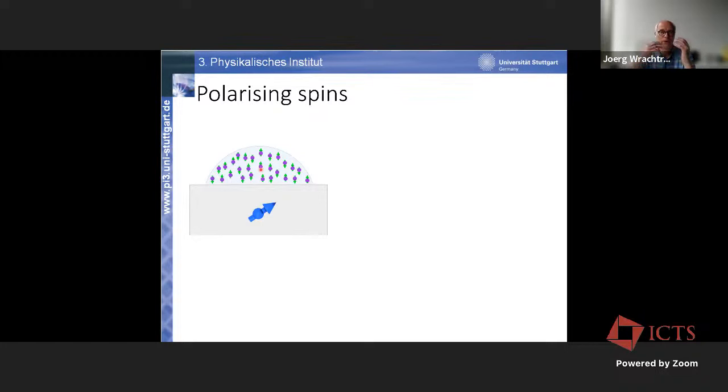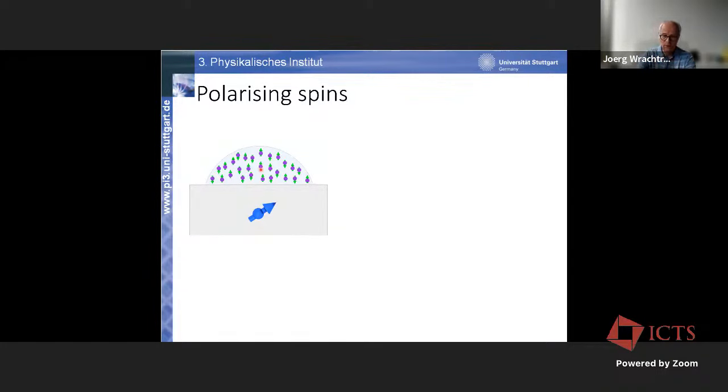And of course, at room temperature and conventional magnetic fields, the nuclear spins are pointing in all kinds of directions. At least they are quantized along an external magnetic field, but they're pointing up and down because kBT is way larger than any other frequency scale for the nuclear spins here, right?